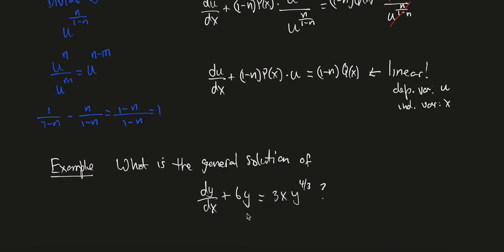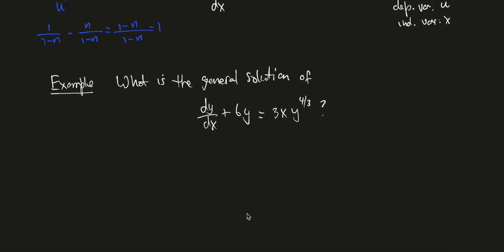And it's that y to the 4/3 that messes things up, right? And it can be shown quite easily. Well, just by definition, this equation is neither separable nor linear.